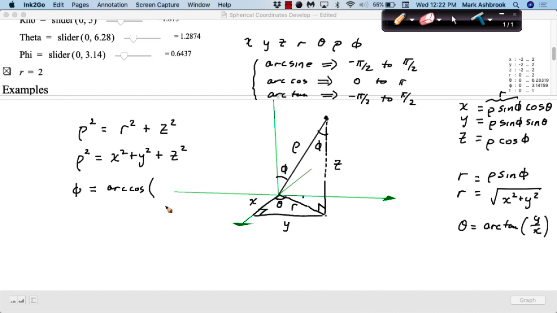So it should be z over rho, right? And then if we want to write that all in rectangular coordinates, phi equals arc cosine of what? Z over the square root of x squared plus y squared plus z squared.